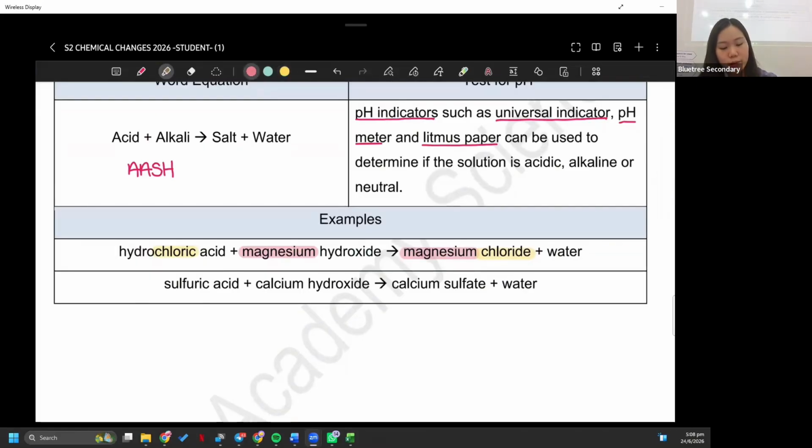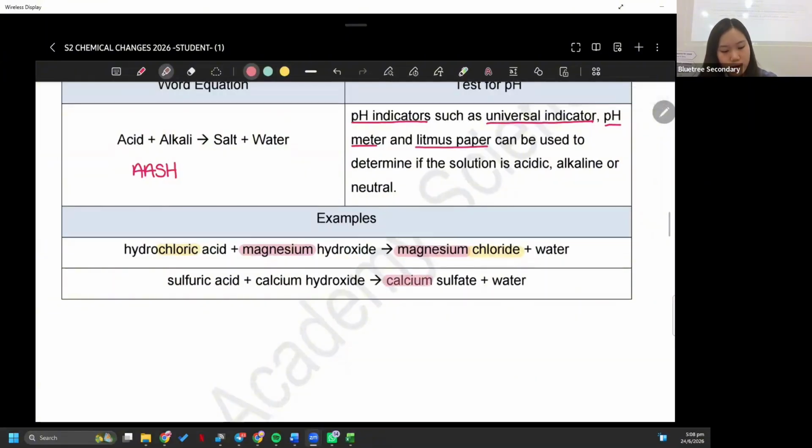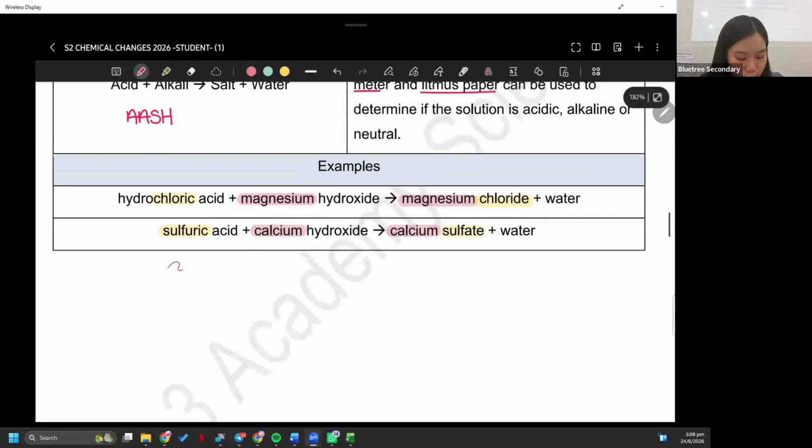Which one is the metal? Calcium. Calcium is here. Sulfate comes from sulfuric acid. Now I am going to give you nitric acid plus sodium hydroxide.